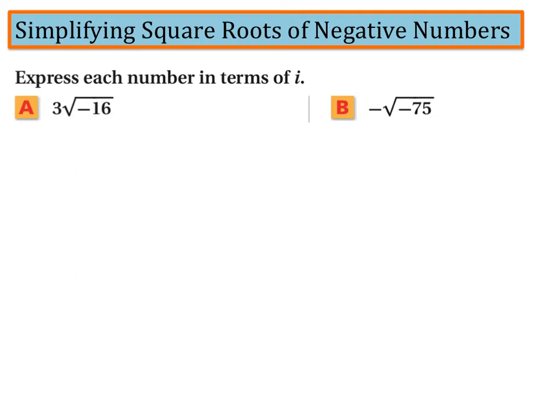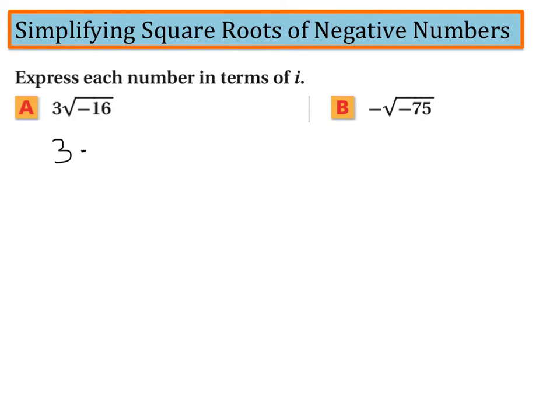Now this is really helpful because now we can express some square roots with negative numbers in terms of i. So let's deal with this first problem here, 3 times the square root of -16, and we want to express this in terms of i. So the first thing we want to do is rewrite this expression while factoring the negative number out of it.